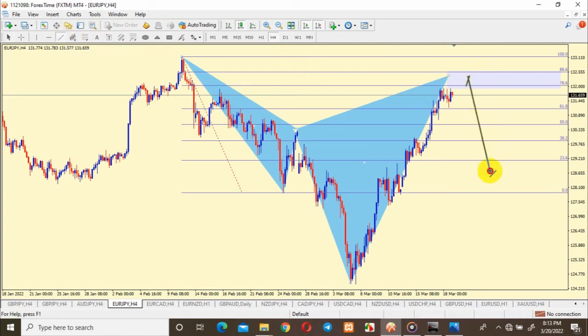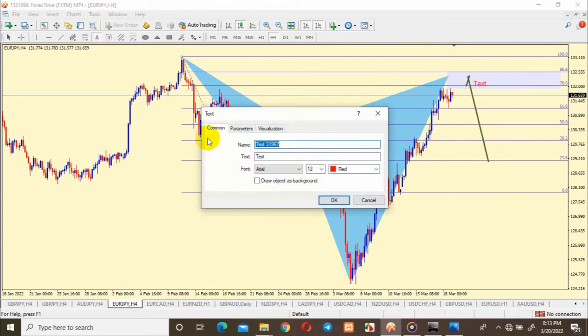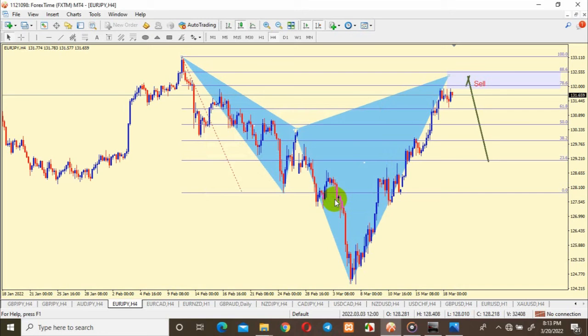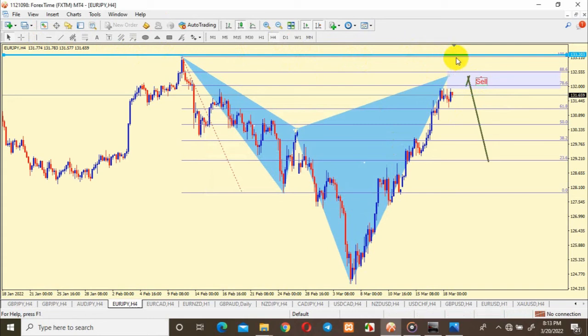When you take a sell, we'll see where we target. But first, we take a sell at this point. Please, when you take your sell, it's very important: here should be a validation zone, so you put your stop loss at this zone.